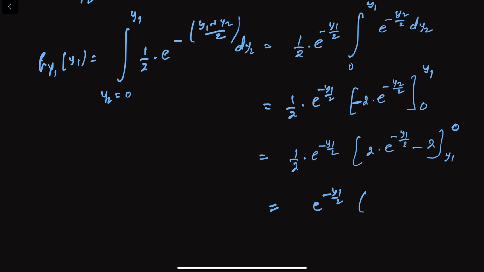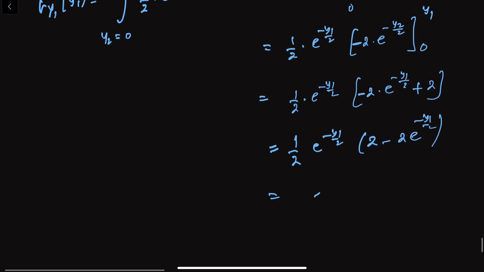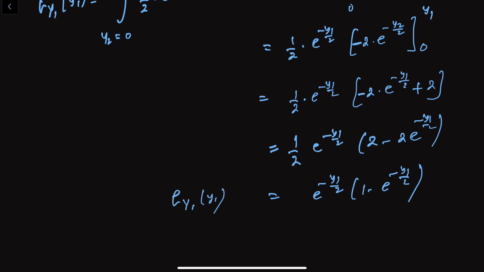So this thing will get inverted, like minus of this thing. So we'll get minus here and plus here. So therefore 1 by 2 into 2 minus 2 into e to the power minus y1 by 2, which would be e to the power minus y1 by 2 into 1 minus e to the power minus y1 by 2. So that is the marginal density of y1.